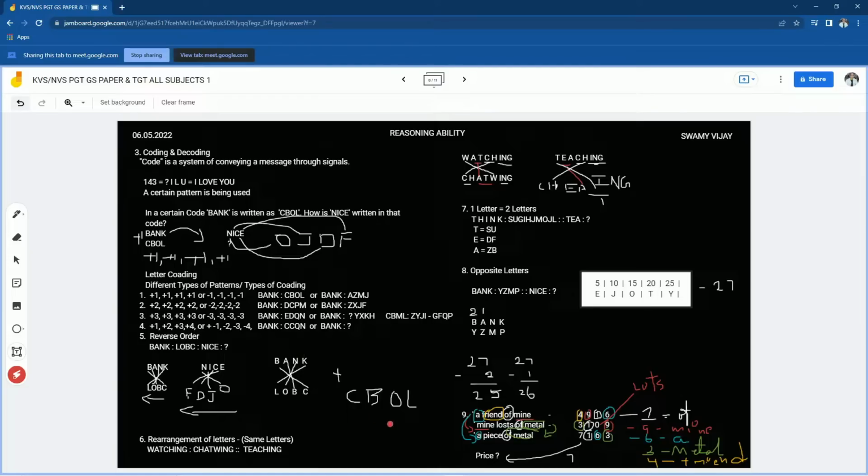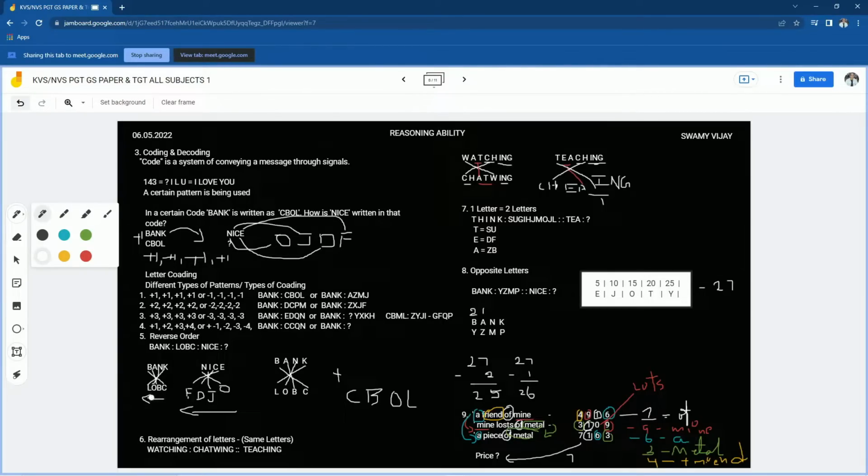Yes, sir. But if you see the answer, it is being written as CBOL here, but in this question it has been written as LOBC. When you see LOBC in the options in the question paper, you have to work out whether it is written in left to right order or right to left order. That will take some time, right Preeti? Now tell me, is this sequence CBOL being given as LOBC or not?